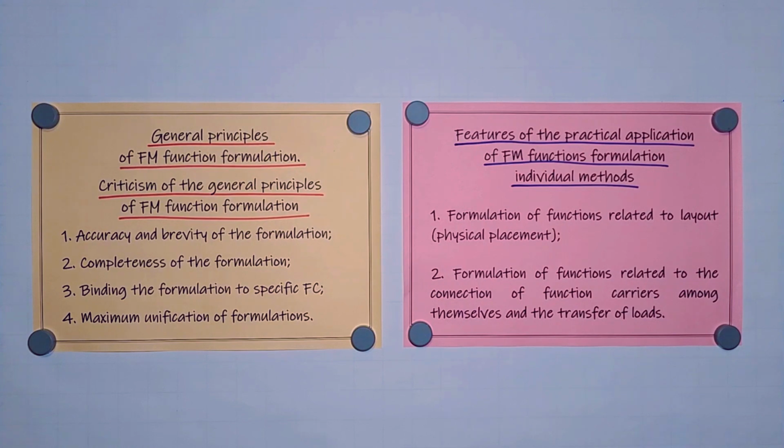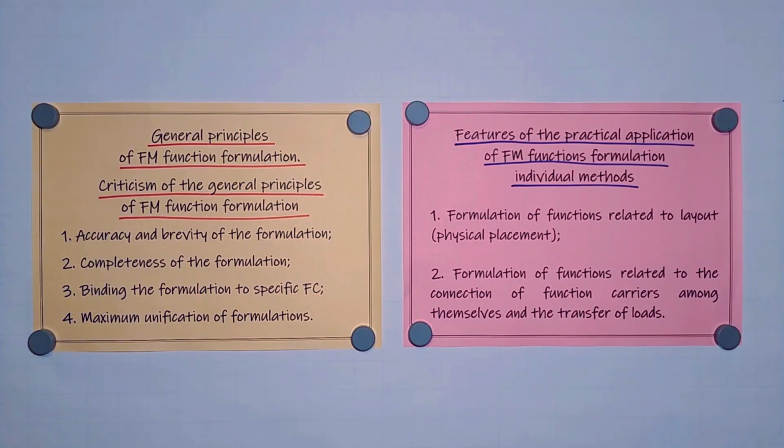In addition, one of the disadvantages of abstract models, which we will consider in future releases of the section of Block 1, is a low degree of reliability of analytical reports compared with reports generated on the basis of complete functional and structural models. So, in most cases, we can find the following general principles of function formulation in literature.